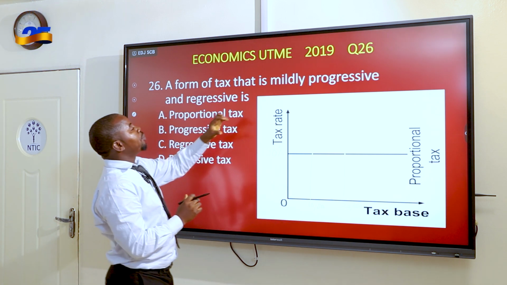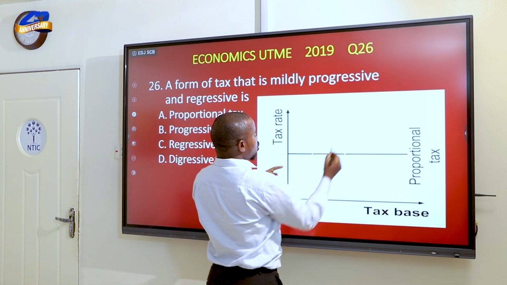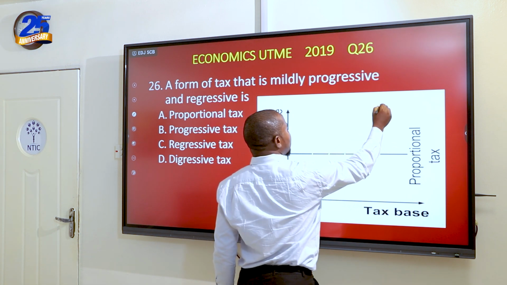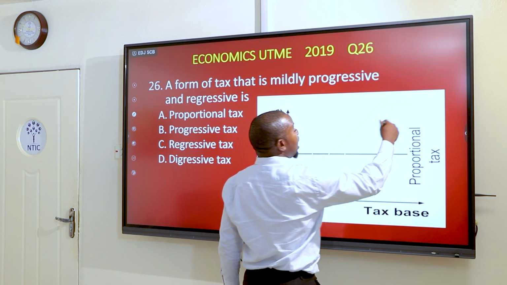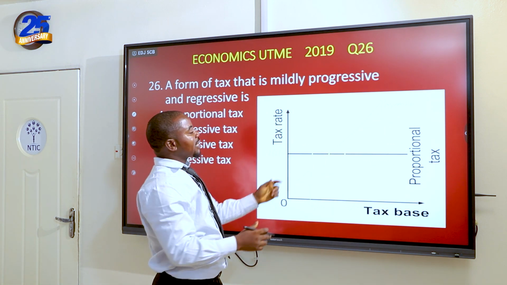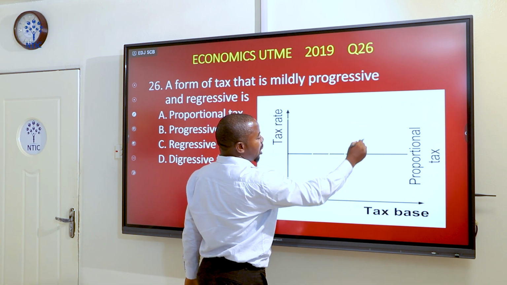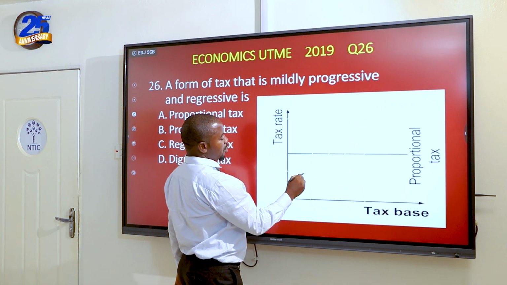Then why is it mildly progressive and regressive? If you simply switch this this way, you're going to have something like this. This will give us progressive tax. That means as the income level increases, the tax rate also increases. So the highest tax rate will be on the highest income, while the lowest will be on the lowest income.